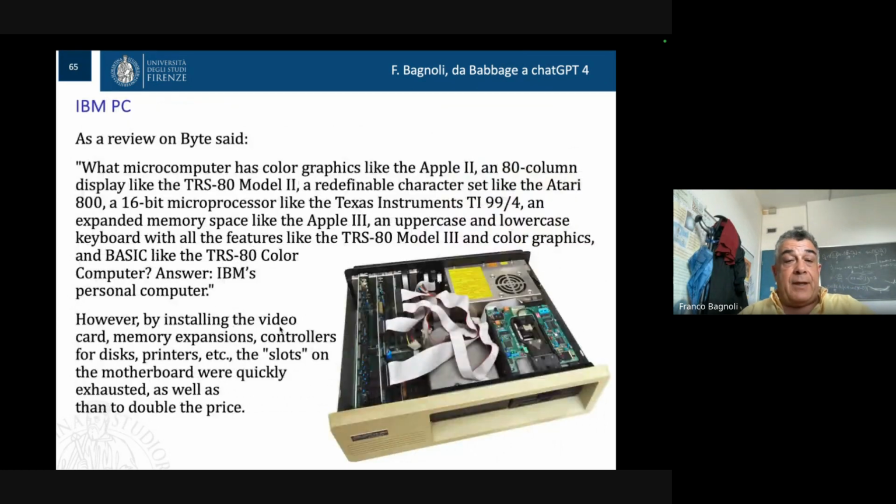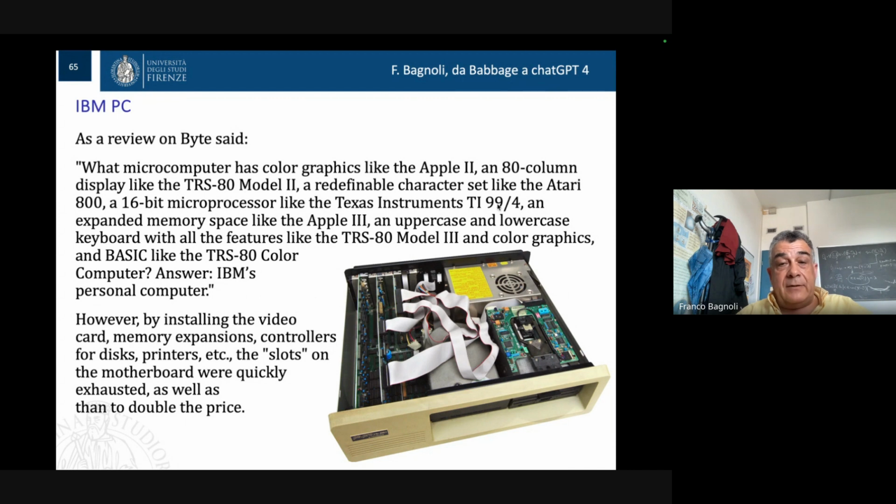But in the IBM world, after producers started developing different options, you could afford to have a higher quality video card or a higher quality sound card, and so on. And clearly, the answer of Apple was to develop the Apple III, which was a complete failure.